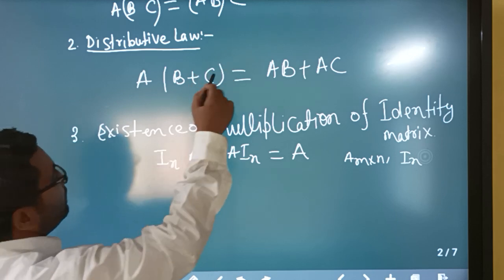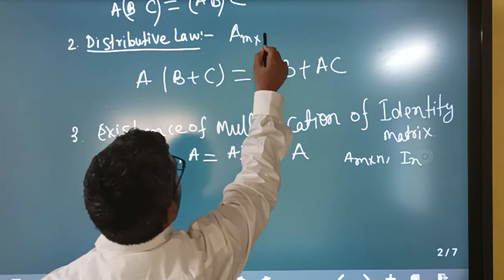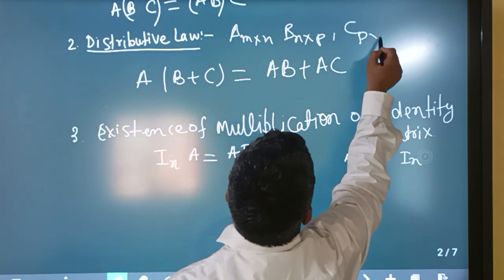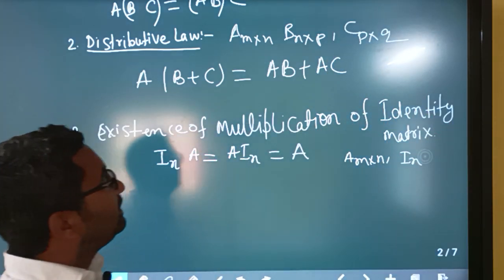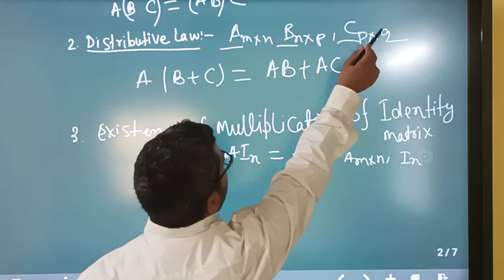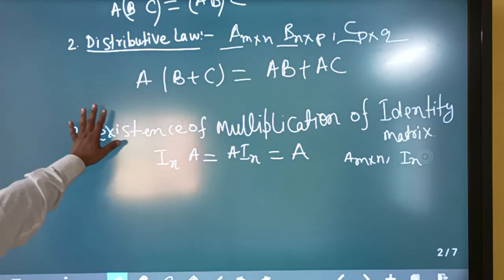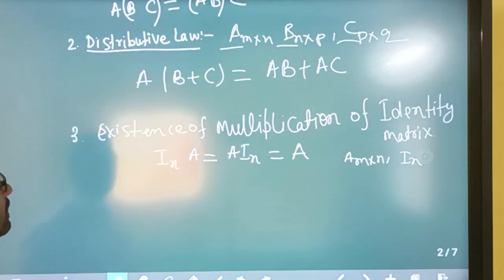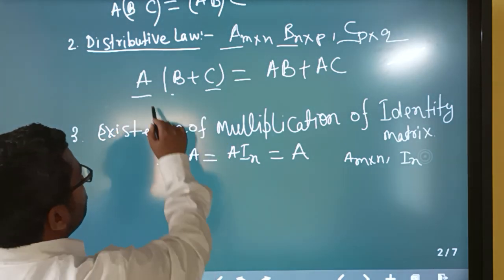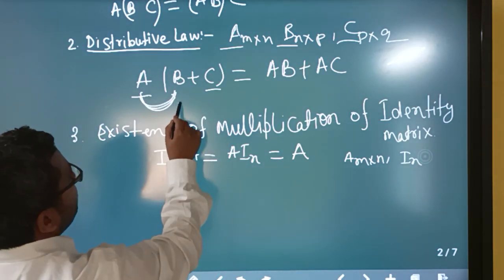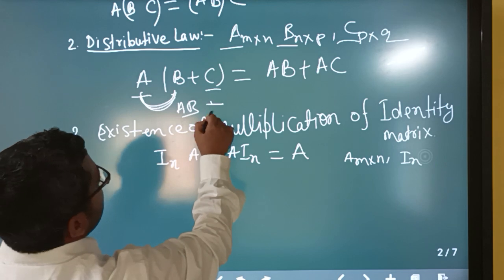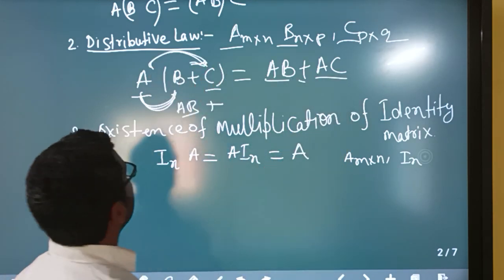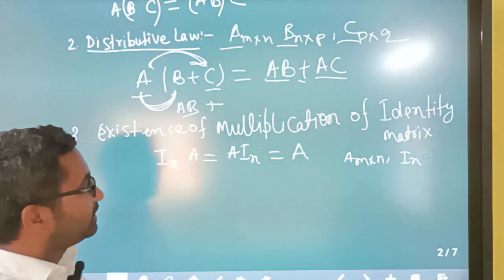A, B, C are matrices of order M cross N, N cross P and P cross Q. We can apply the distributive law to these matrices: A multiplied by (B plus C) equals AB plus AC. That is the distributive law for matrix multiplication.